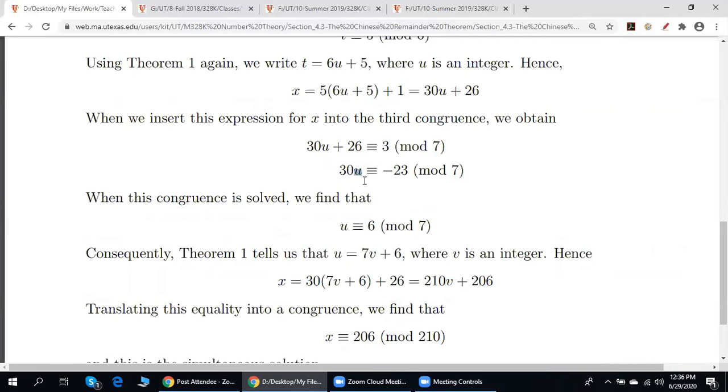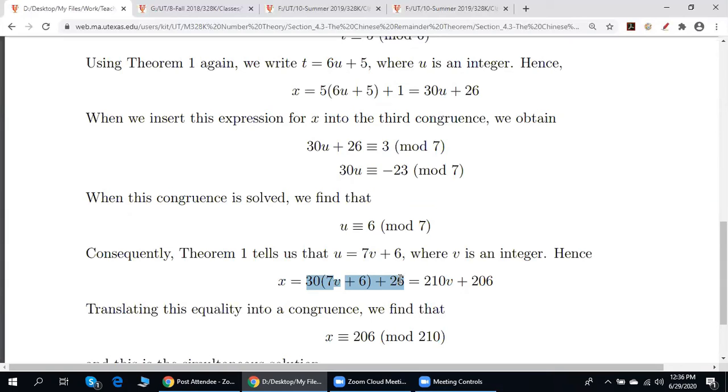It turns out that a particular solution of this is 6. So u is 7v plus 6.